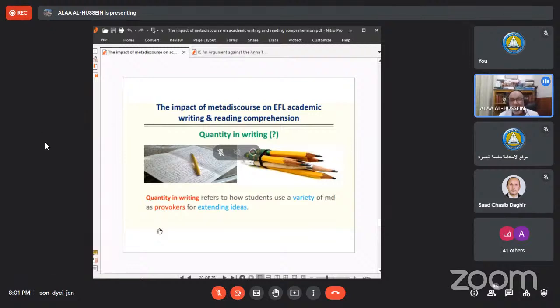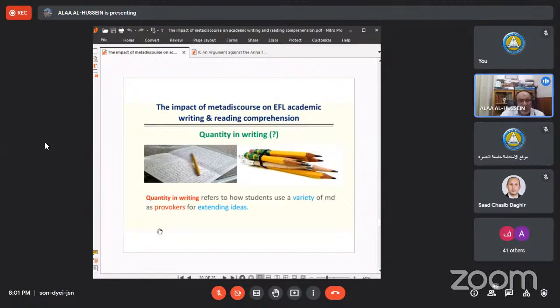And as I experienced with my students, they clearly expressed this. They told me in an interview that those meta-discourse markers stimulate thoughts in them.